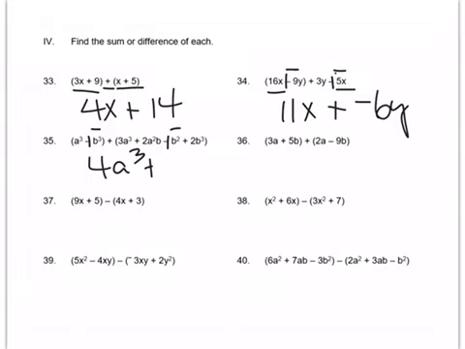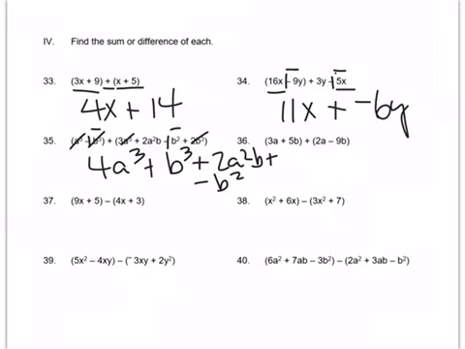Here's a negative b cubed and a positive 2b cubed, which is going to give me 1b cubed, plus, so those are gone. And now I got a squared b, which is going to be 2a squared b, and then plus negative b squared.